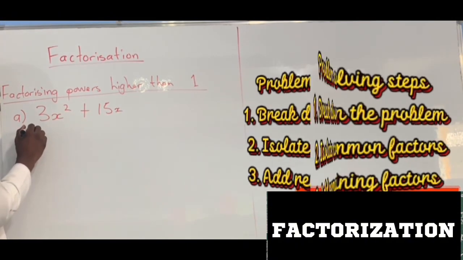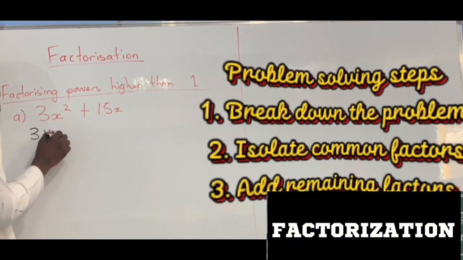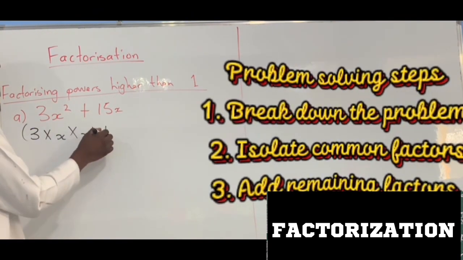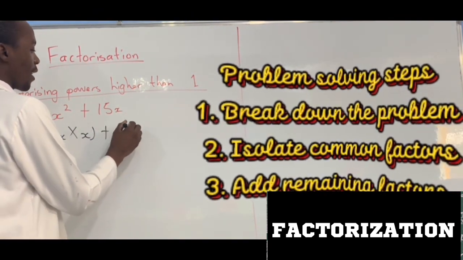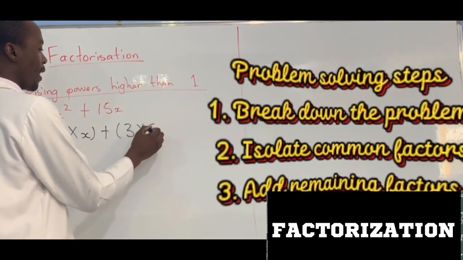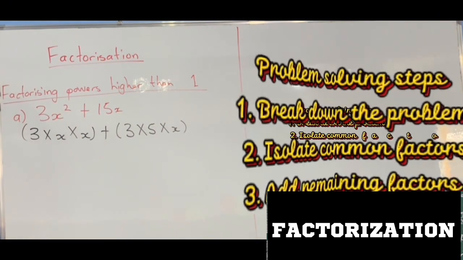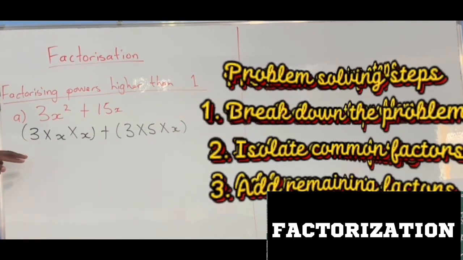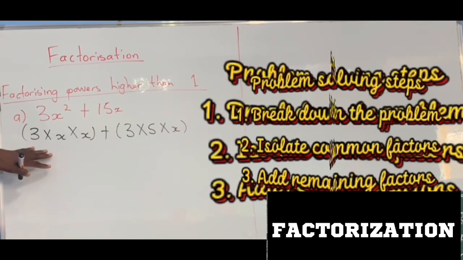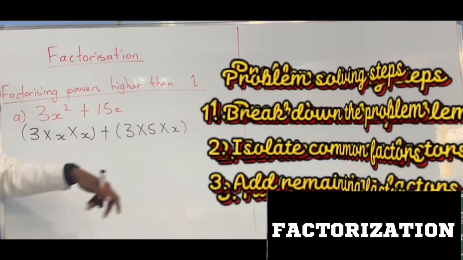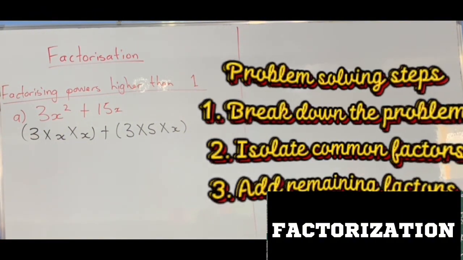Alright, so 3x squared plus 15x, we can break it down to 3 multiplied by x multiplied by x plus 3 multiplied by 5 multiplied by x. In this way it will be easier to solve because we've broken down the problem. Now we need to isolate common factors from both the expressions in the brackets.